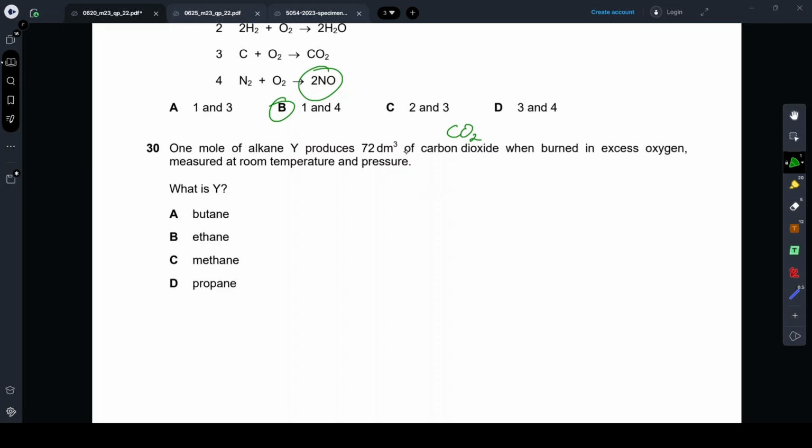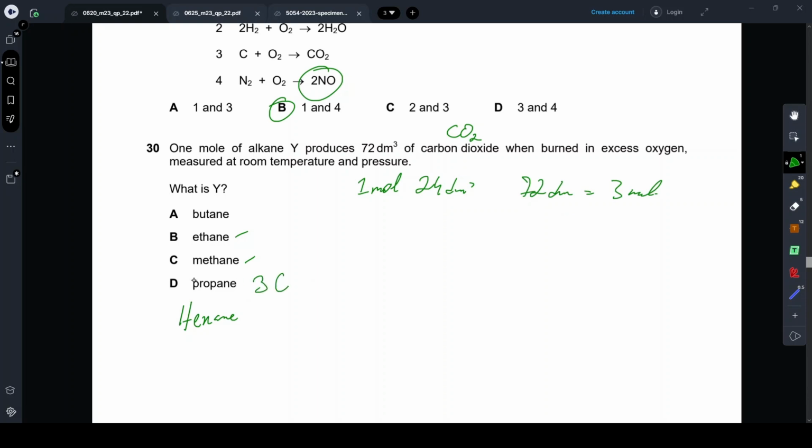What is the volume of 1 mole? Okay, so 1 mole is 24 dm cube, right? And so 72 dm cube is 3 moles, right? Which means you need 3 carbons, which is propane.